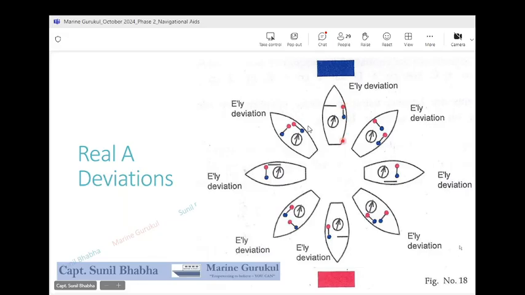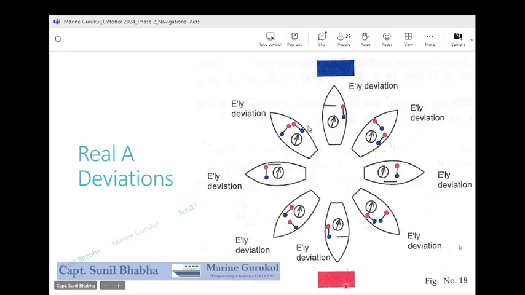So we have combination number 1 which we saw in the previous slide, an unsymmetrical pair of horizontal soft iron structures. You see this big blue color rectangle on top. This represents the north magnetic pole of the earth. We are aware that the north magnetic pole of the earth has blue polarity. And you see this red color rectangle at the bottom. This represents the south magnetic pole of the earth, and we are aware the south magnetic pole has a red polarity.